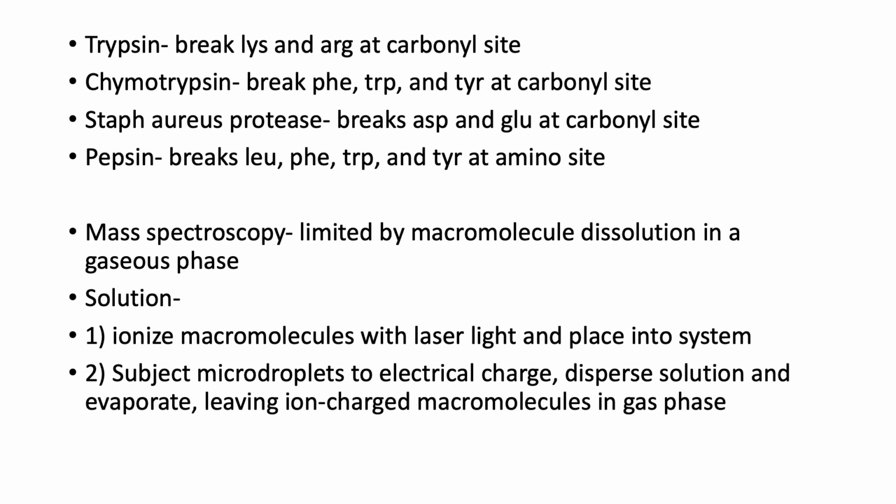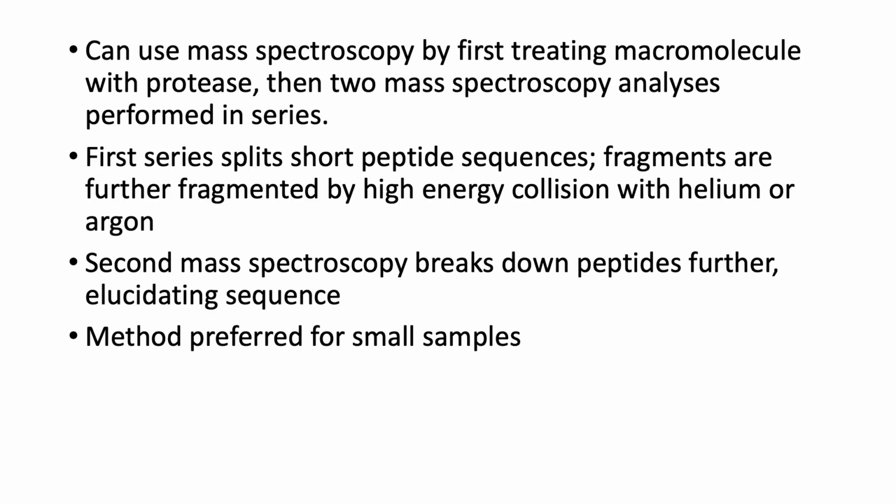The solution to that particular limitation in mass spectroscopy is to ionize the macromolecules with laser light and then subject micro droplets to electrical charges and disperse the solution, evaporate. So you've got ionically charged macromolecules in a gaseous phase. And that is one way to get around the limitation of doing protein sequencing with mass spectroscopy.